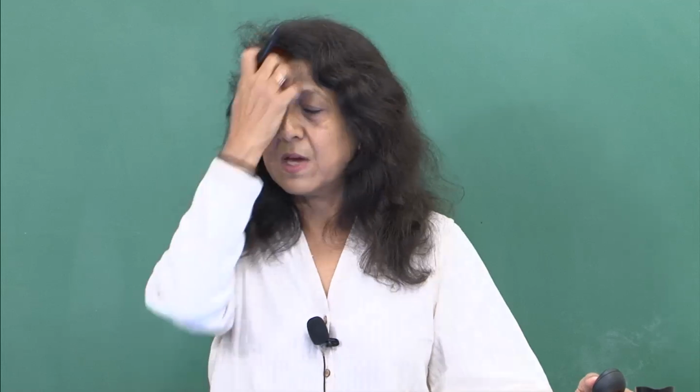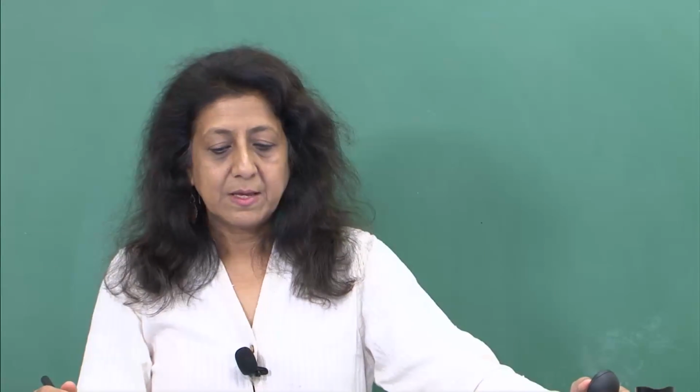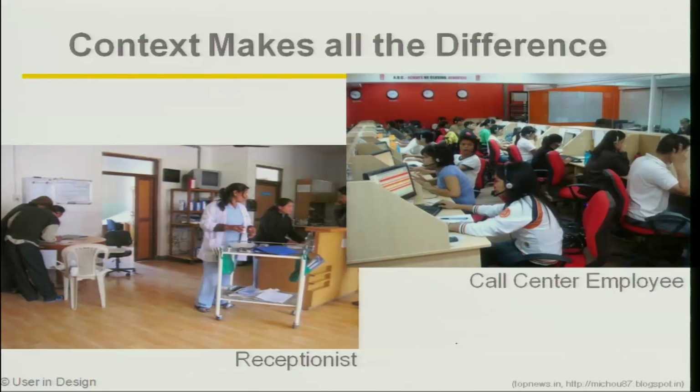Context makes all the difference, which is why we go out in the field. We need to understand where this product lives, where the user's usage of this product is happening. This particular application was meant to interact with the insurance company and give back information to it, and the same application was being used in the call center as well as in the doctor's office.